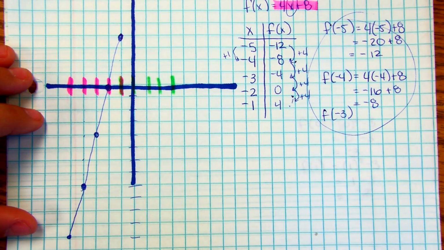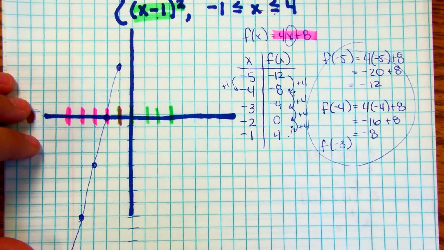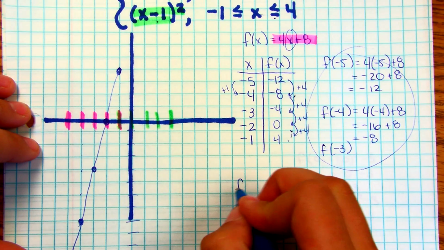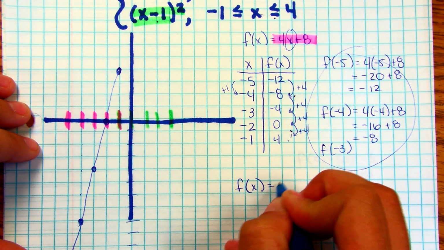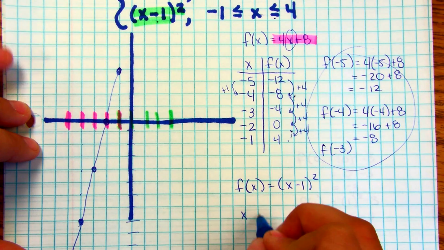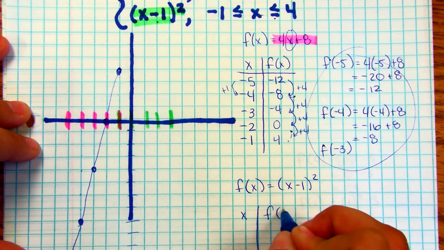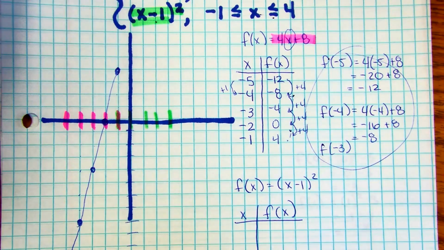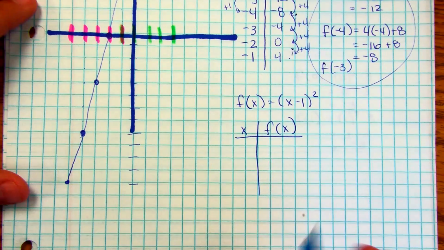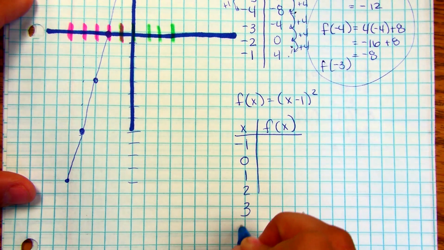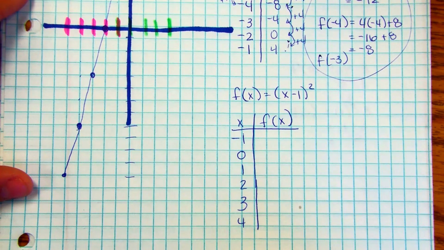Now we're going to graph the green function on the next interval. So f of x equals the quantity x minus 1 squared. And we're only doing that between -1 and 4. So this one will be from -1, 0, 1, 2, 3, and 4. So let's complete that.